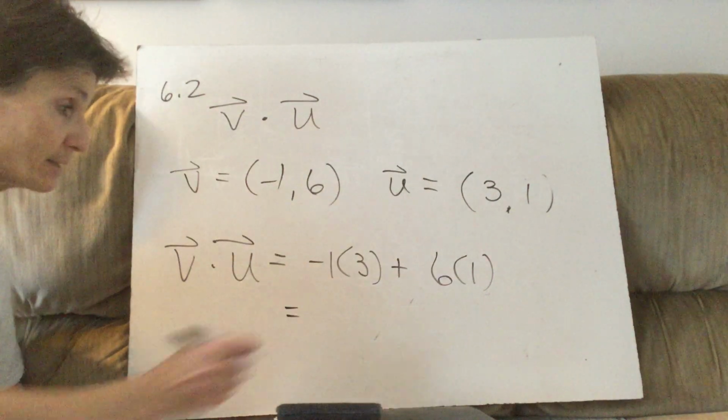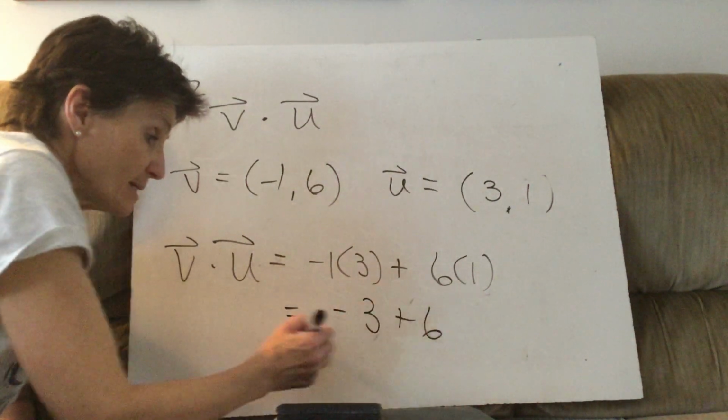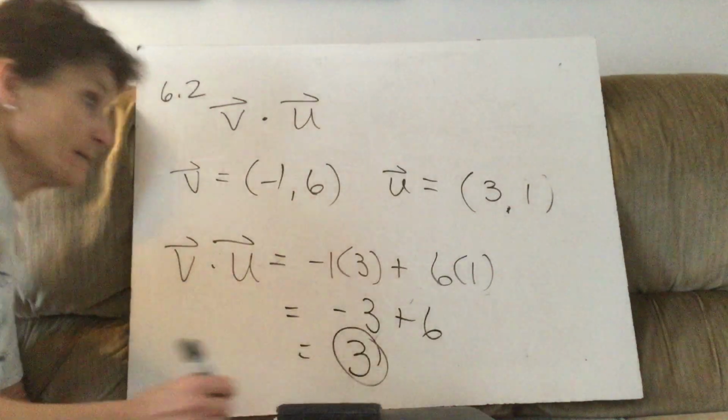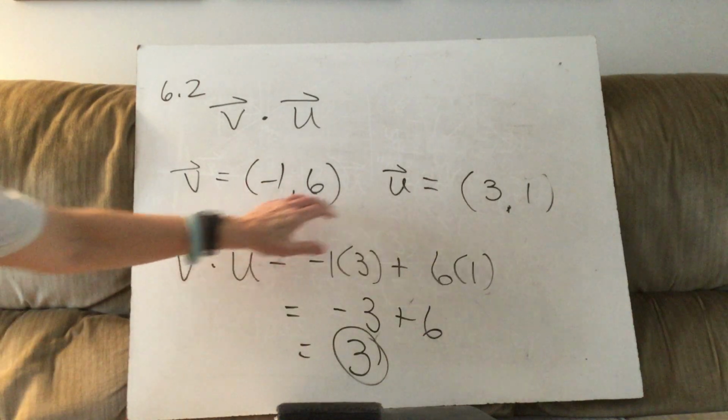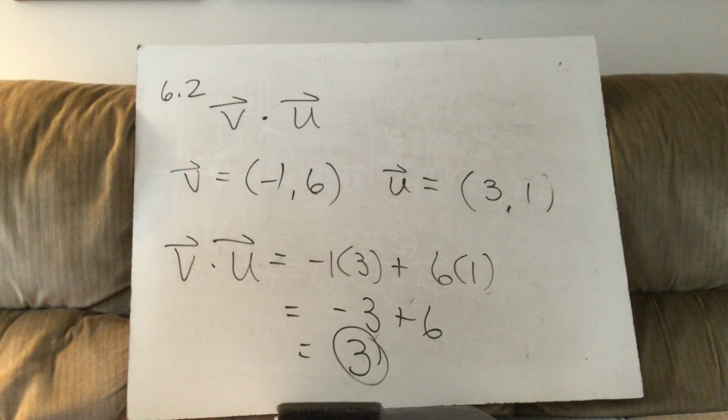So that dot product is -3 plus 6, so that one is 3. Notice that the dot product is just a number. We started with two vectors, but when we found their dot product, we just end up with a number.